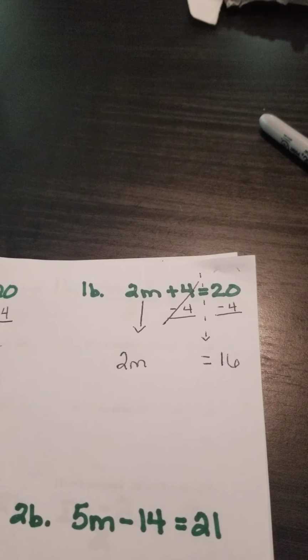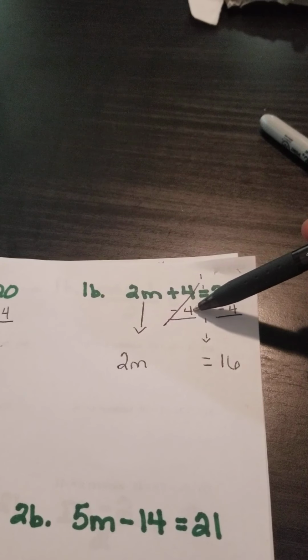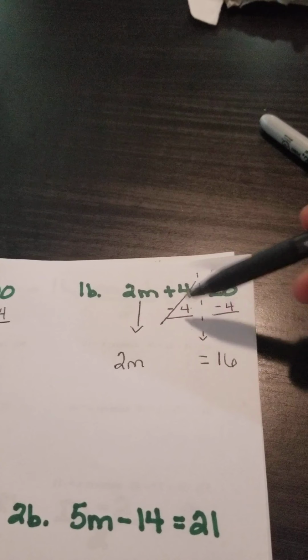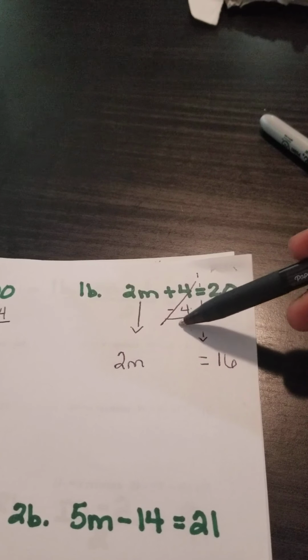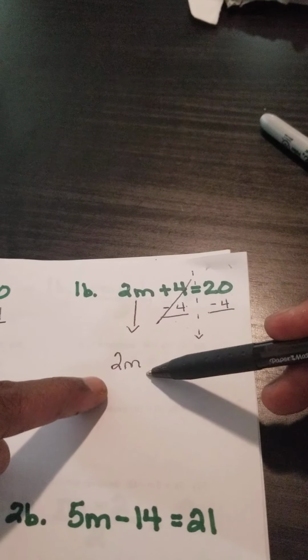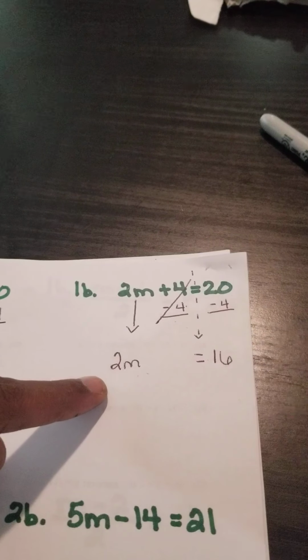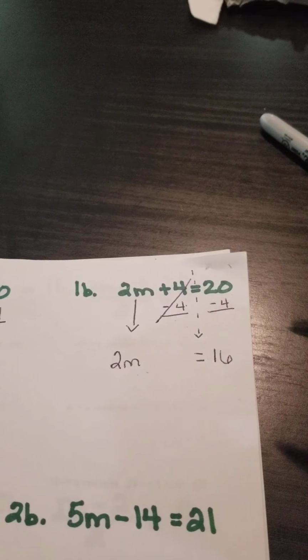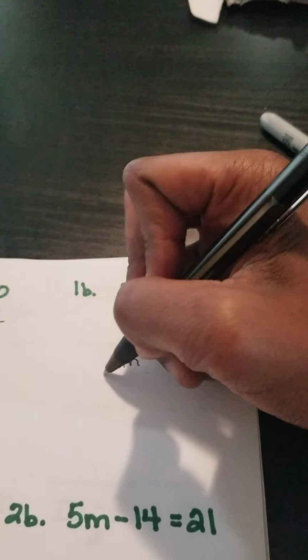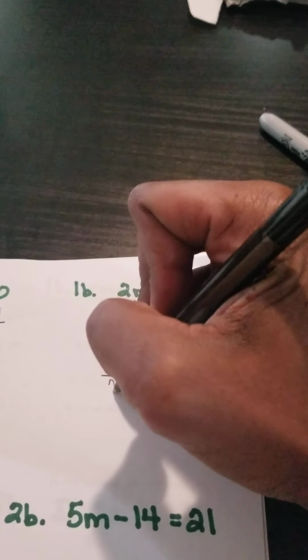So it is just like that first step. We did our one step, which was adding or subtracting, depending on what the sign is. In our second step, now the equation is 2m equals 16. So we're multiplying 2 times some number to give us 16. We have to do the opposite, and the opposite of multiplication is division.